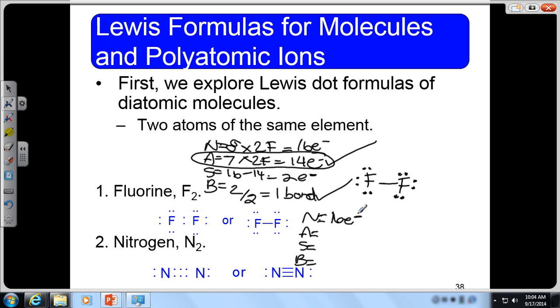10. Okay, because nitrogen's in group 5. And then we have 2 nitrogens. Sorry, that's a 5. So that gives us 10 electrons.